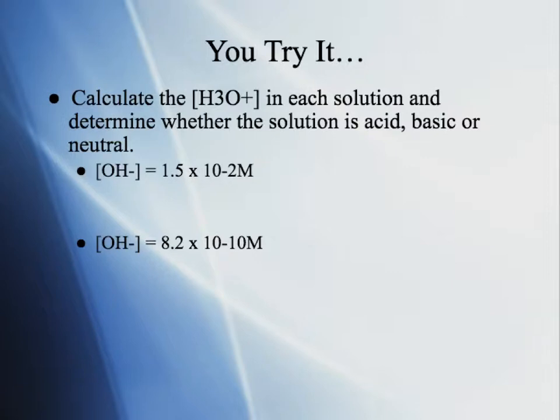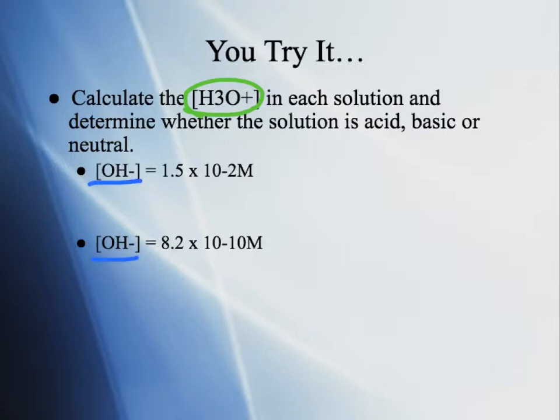Okay, so now you guys are going to do these calculations. This time, please be aware that you are calculating the hydronium ion concentrations for these solutions. So the last time we were doing hydroxide ion, this time you're going to do hydronium ion. They're going to give you the hydroxide ion concentrations.